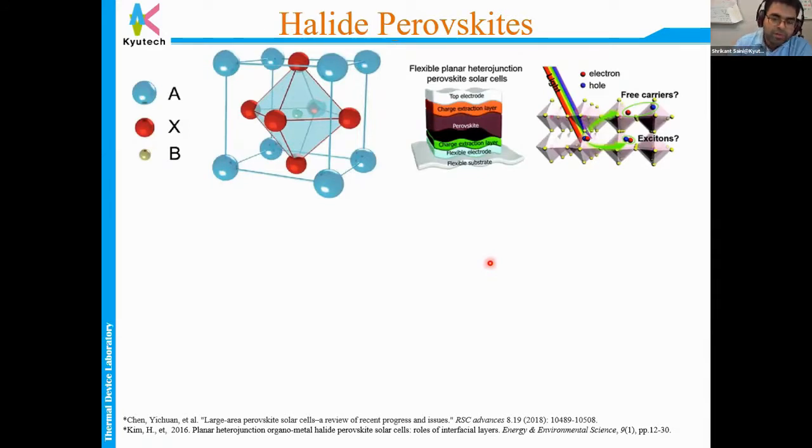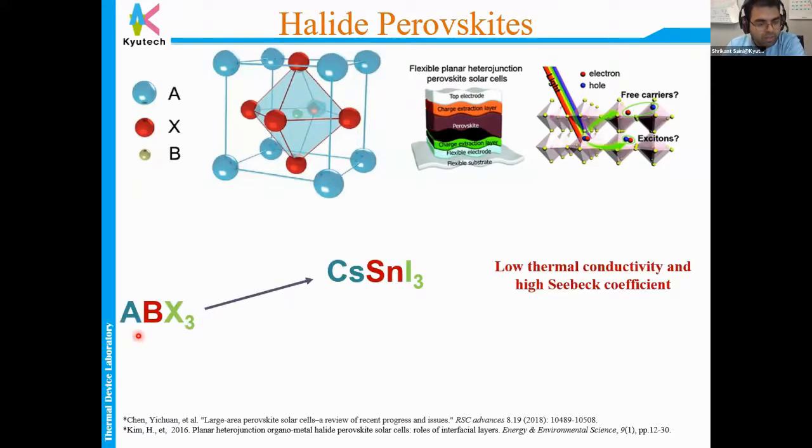But when it was introduced for solar cells, it had lead in it, and lead is restricted in many countries and is not good for the environment either. So people replaced the lead with tin, and made a compound of the general perovskite formula ABX. We use CsSnI3, where lead is replaced by tin.